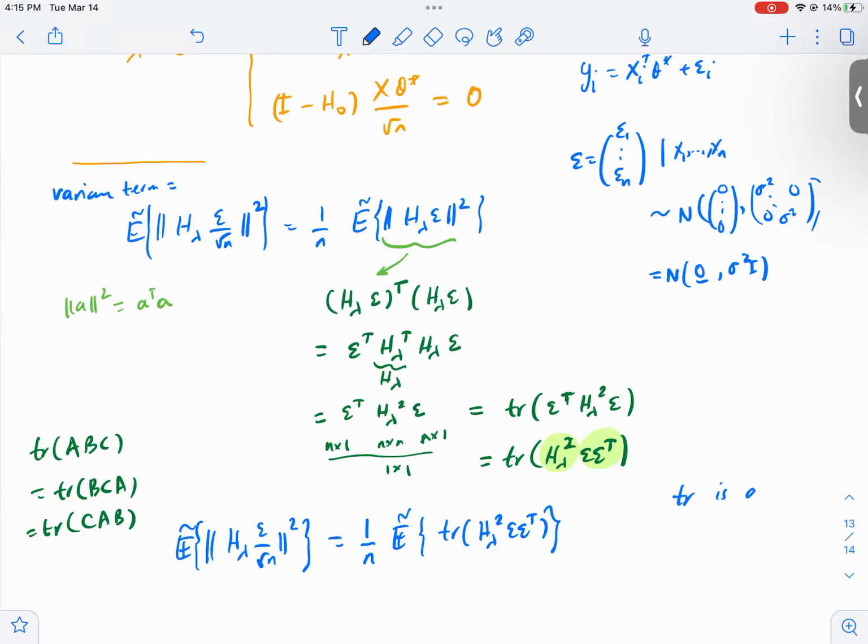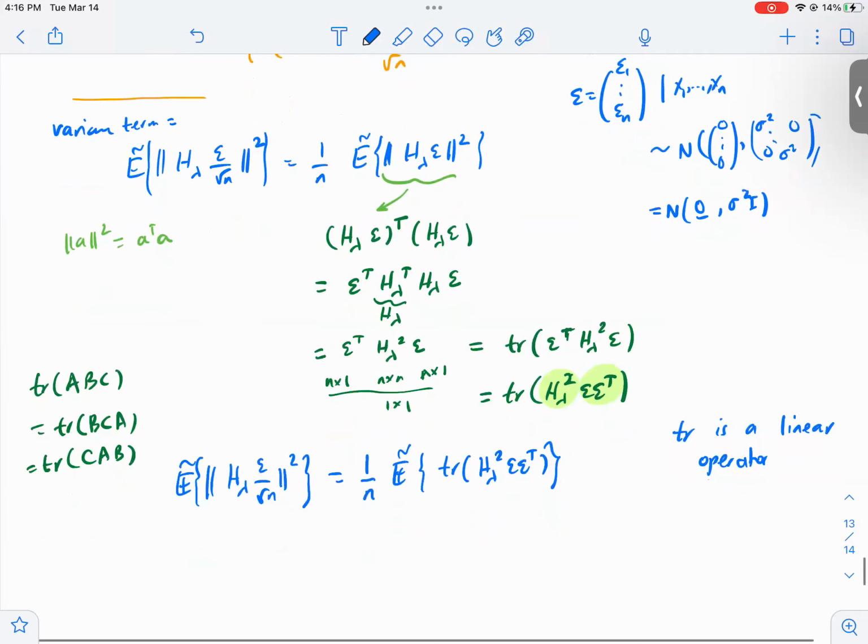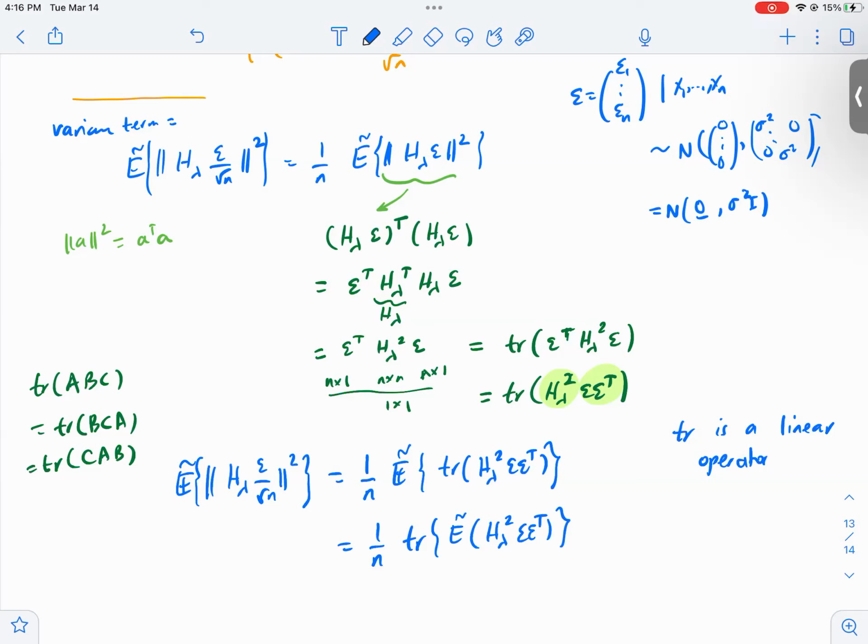Trace is a linear operator, and expectation commutes with linear operations, so I can exchange the order of expectation and trace. That's the reason why I introduced that trick. If you haven't seen this, it might be a little bit mysterious, but once you do it enough, it becomes easy. So, trace and expectation.